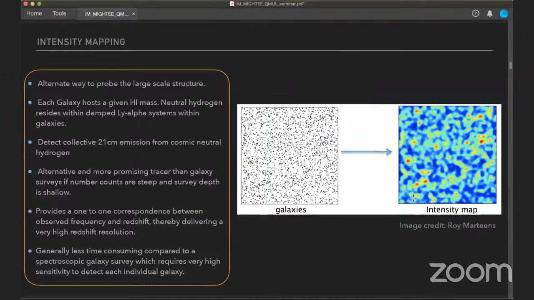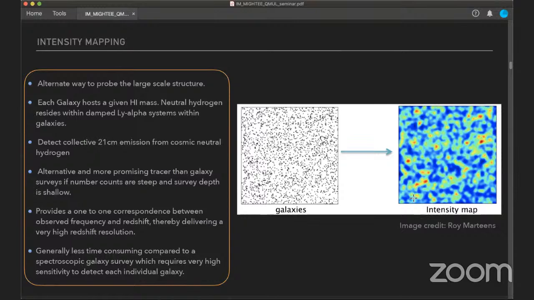And in one way it is more promising than galaxy surveys, in cases where the number counts are very steep for those galaxies, or the survey depth is very shallow. One advantage of such line intensity mapping is that there is a one-to-one correspondence between the observed frequency and redshift.